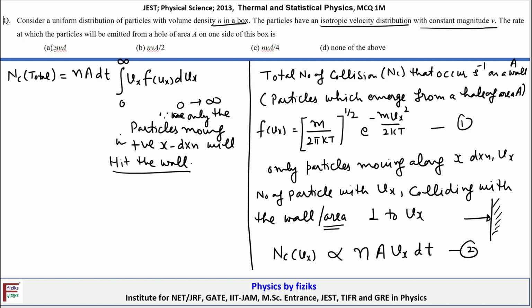Now we want to calculate the collision flux.